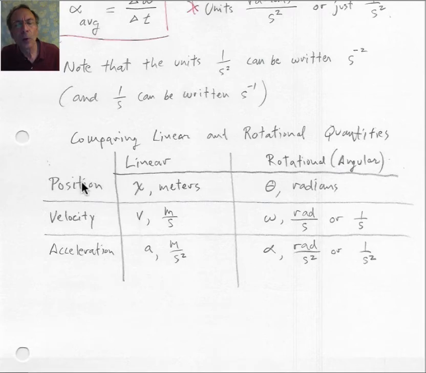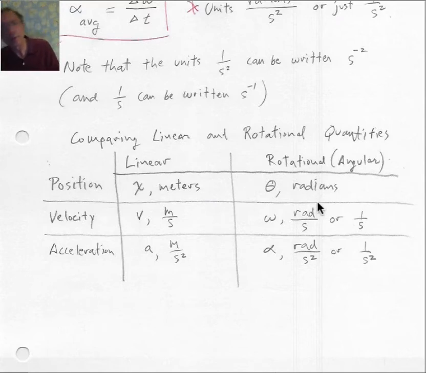Let's compare now linear and rotational quantities. So for position, when we were doing chapter 4, our position had the symbol x and the units were meters. Now we're doing rotations and the symbol is theta for how much we've rotated, and the units are radians. Usually radians, okay?